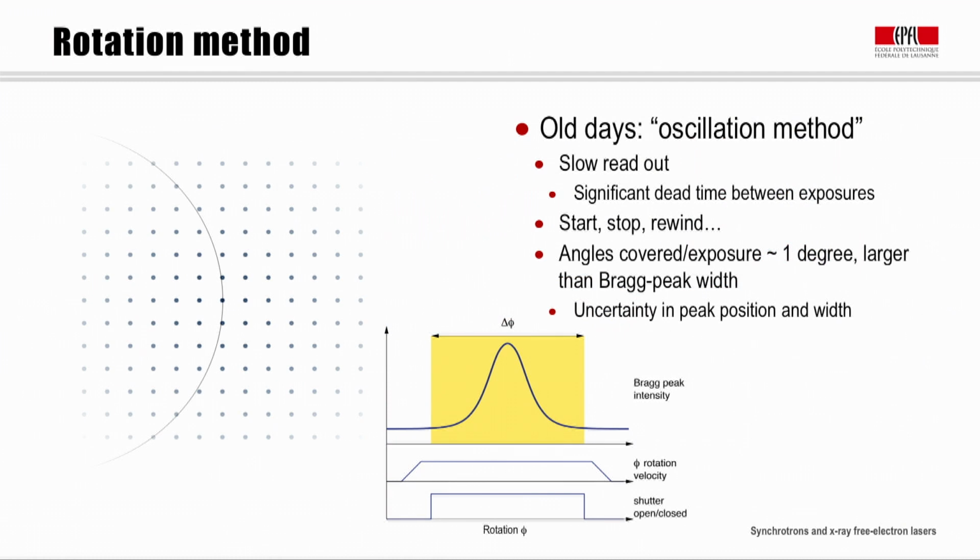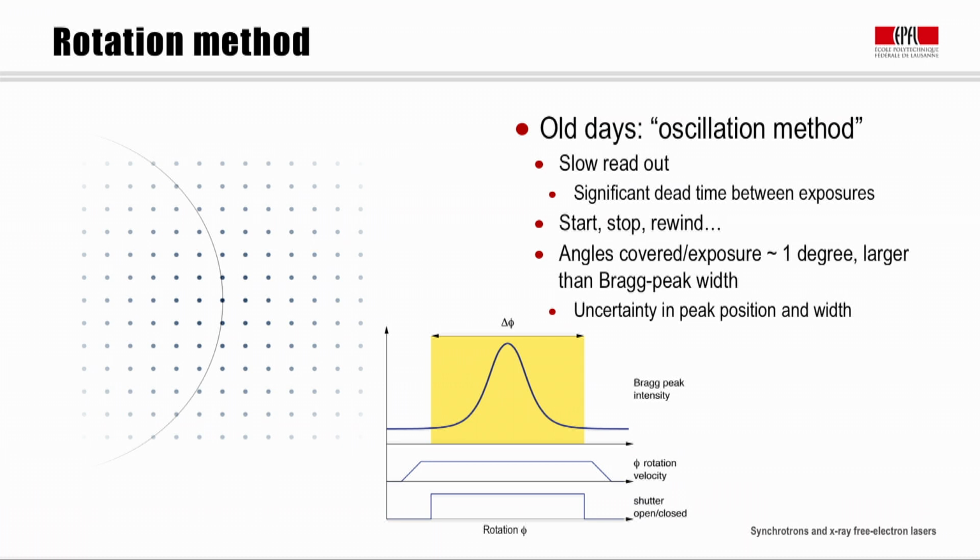We have already come across the rotation method in the first video of this week. It's only mentioned explicitly again here in order to highlight some technical improvements, although it should be mentioned that a macromolecular crystallography experiment carried out at synchrotrons used the rotation method as well.